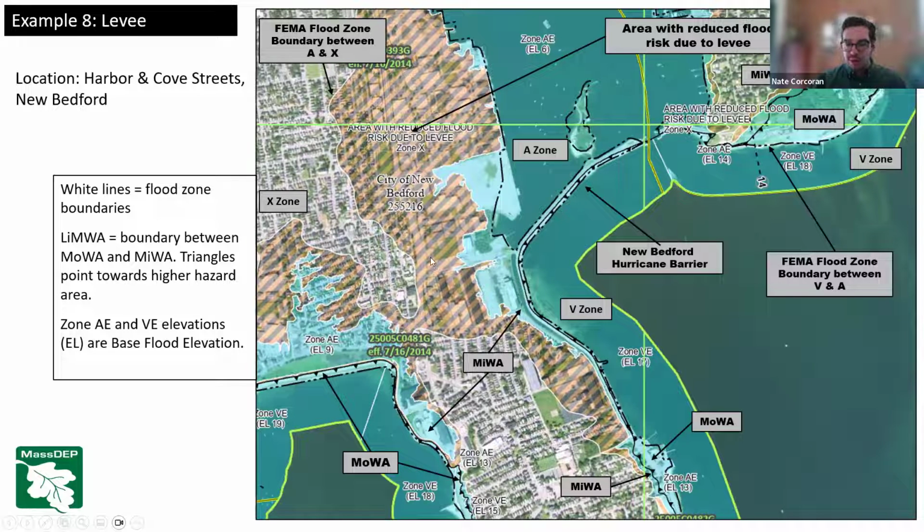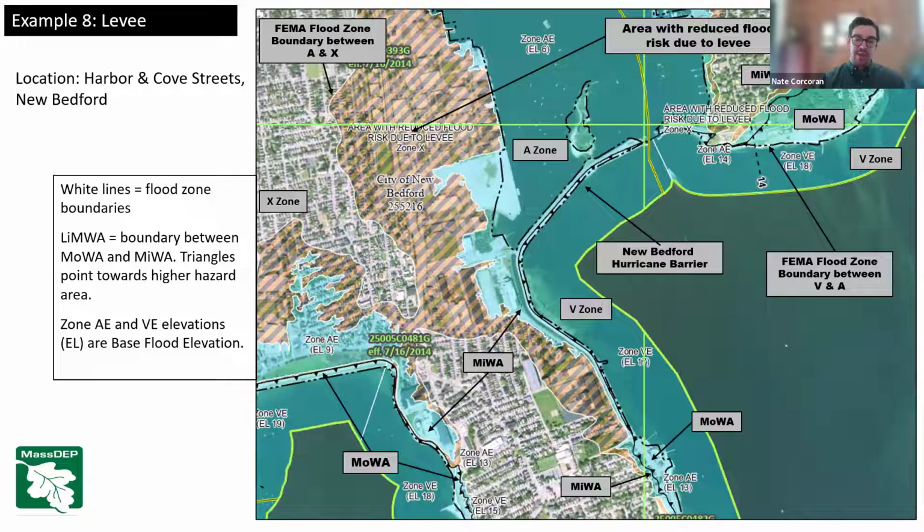Were the hurricane barrier not to exist, this area would be mapped in the flood zone. However, because that barrier stops water from coming in, it is now an area with reduced flood risk due to levee.